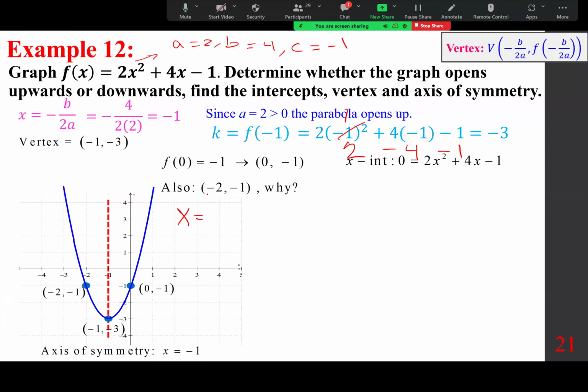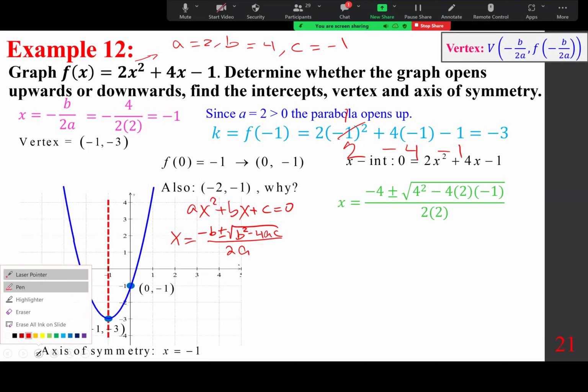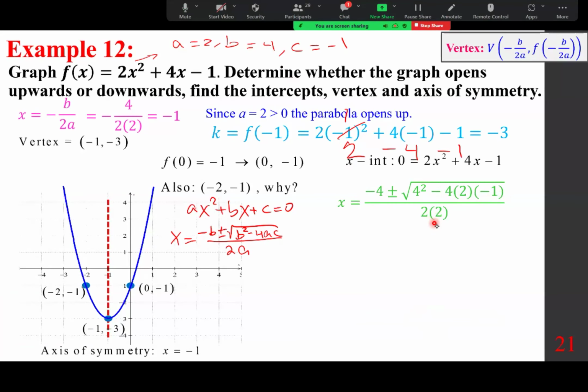First and foremost, if we have ax squared plus bx plus c equal to 0, x is minus b plus or minus the square root of b squared minus 4ac over 2a. So we're going to use that one. So minus b, which is minus 4, square root of 4 squared minus 4ac. I write 2 times 2.